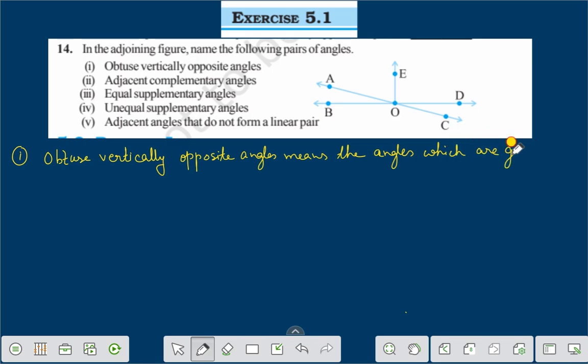Obtuse vertically opposite angles means the angles which are greater than 90 degree, and they are vertically opposite.